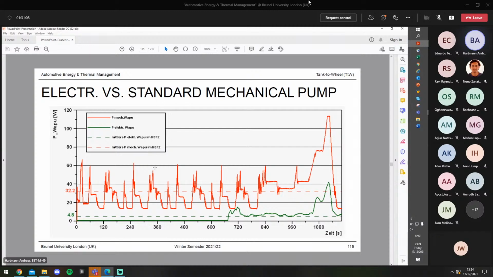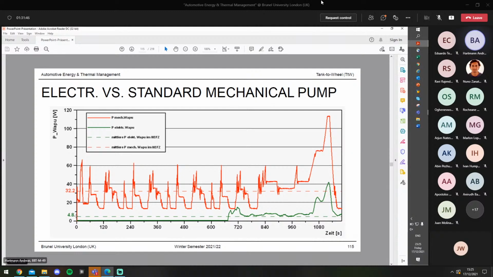So you can see in this graph here, the red one representing the mechanical coolant pump, which is directly linked to the engine speed, means you always pump a lot of coolant through the engine, even if you don't need it. And on the other hand, you can see the green graph showing the power of an electrical coolant pump.